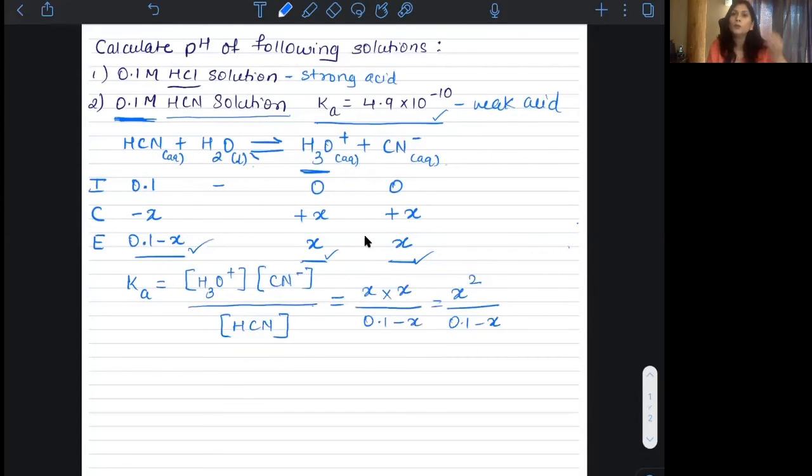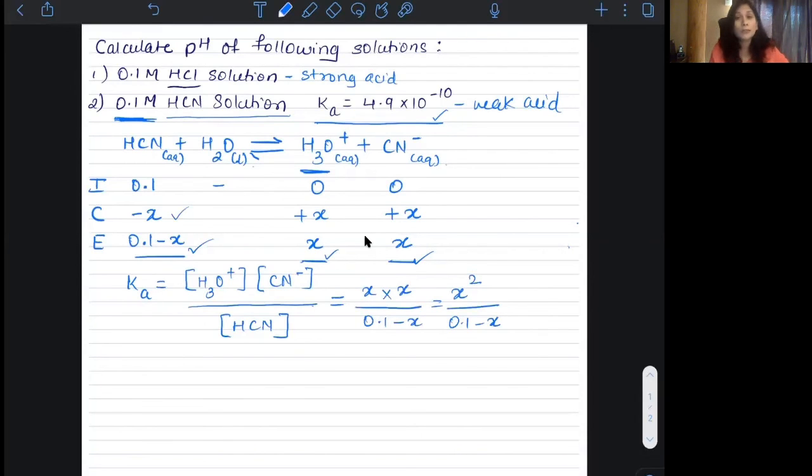Therefore, the value is very small. And if the dissociation happening is very less, it's also telling us that this change that we are talking about is very small. A very small change has happened and it has reached equilibrium. Therefore, the amount of products are very less compared to the reactants. Hence, the 4.9 times 10 to the power negative 10, which is telling you very small dissociation.